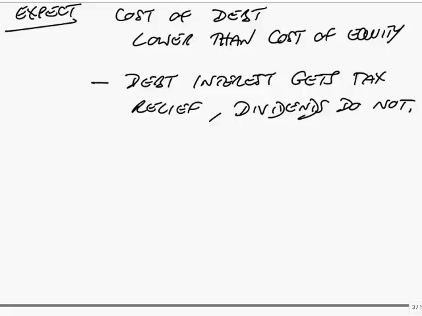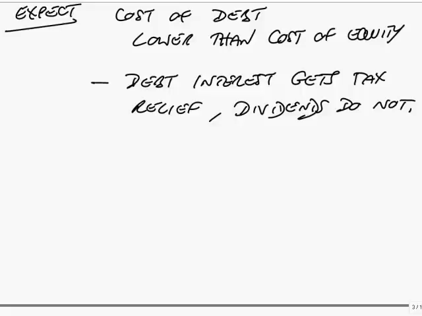All right, though, the other reason is more important. Even if there was no tax relief, even if we didn't get tax relief on debt, I would still, in fact, expect the cost of debt to be lower than cost of equity. Now, of course, if you didn't get tax relief, the cost of debt would be higher. Do you all agree?